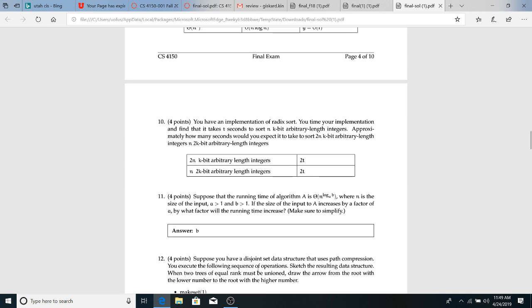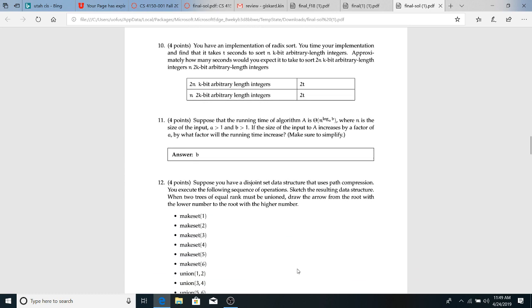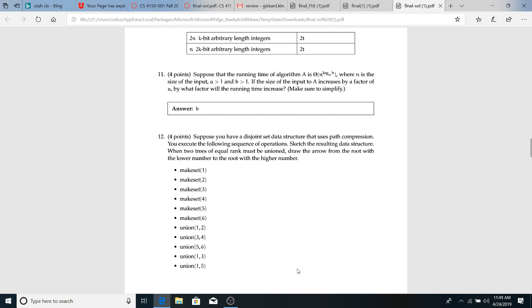So this is an example of a disjoint set problem where this is almost the same as your homework. We just make a bunch of disjoint sets and we combine them together using the union operator. The only thing I would note on this one is you only change when you combine two sets, because every set has some degree.